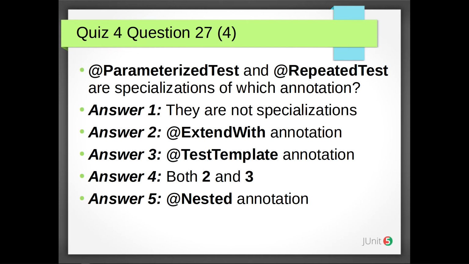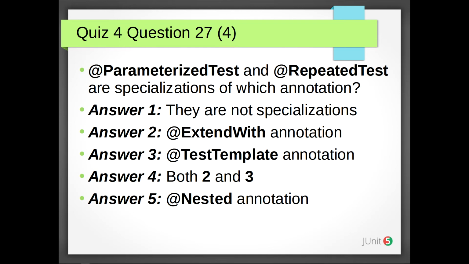Quiz 4, question 27. @ParameterizedTest and @RepeatedTest are specializations of which annotation? Answer 1. They are not specializations. Answer 2. @ExtendWith annotation. Answer 3. @TestTemplate annotation. Answer 4. Both 2 and 3. Answer 5. @Nested annotation. And the correct answer is 4. Both 2 and 3.